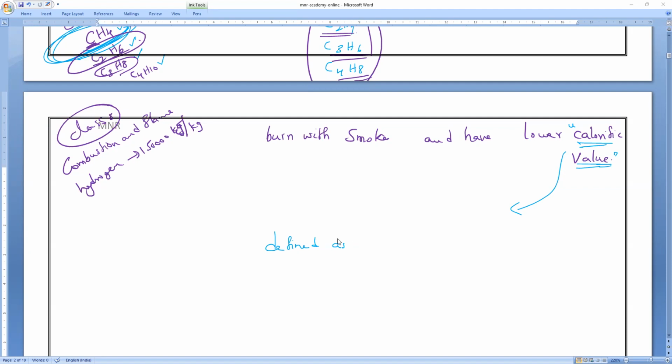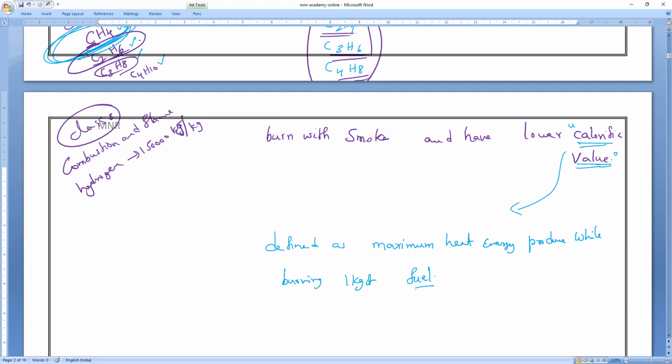Calorific value is defined as the maximum heat energy produced while burning 1 kg of fuel.